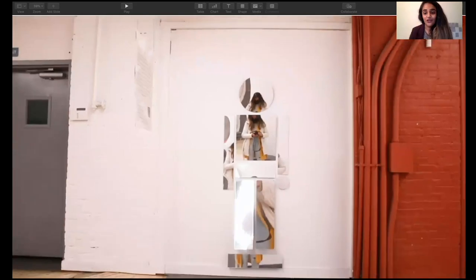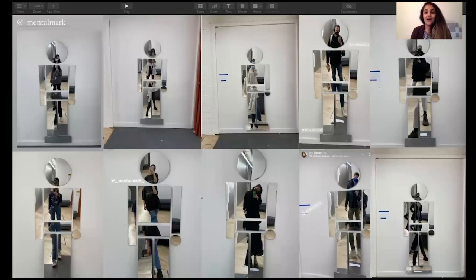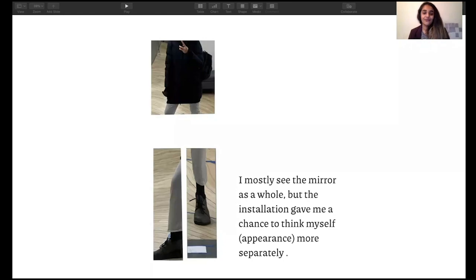I invited various viewers during this process and asked them how the installation made them feel. A lot of viewers sent me a feedback form back, and some of them are here. I mostly see the mirror as a whole. The installation gave me a chance to think about myself more separately, how these different parts of you make you feel, how the shoes make you feel.